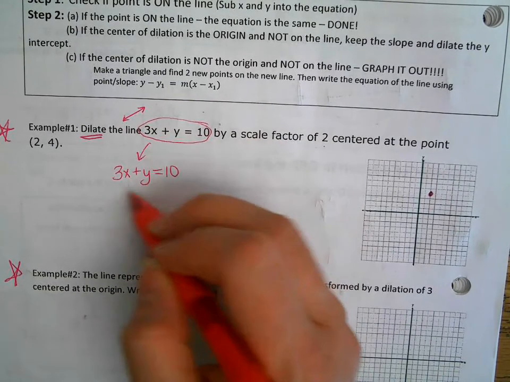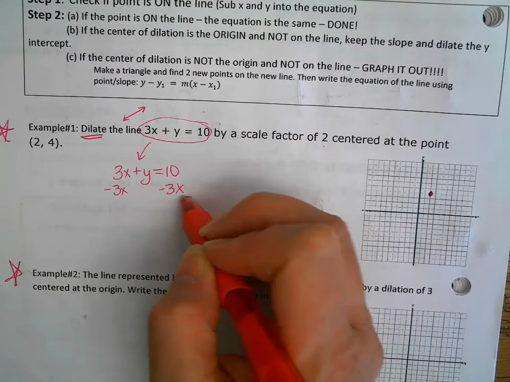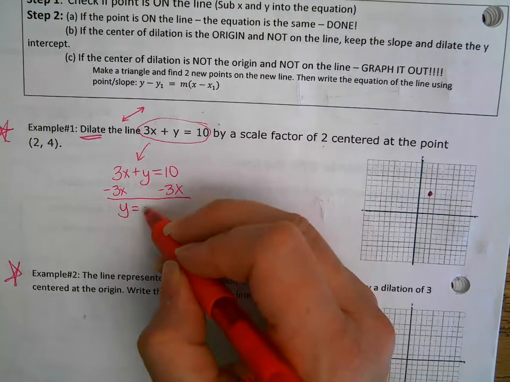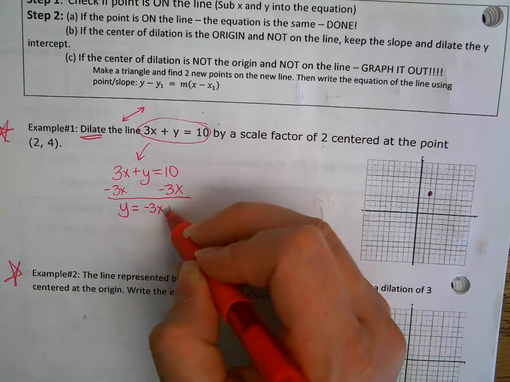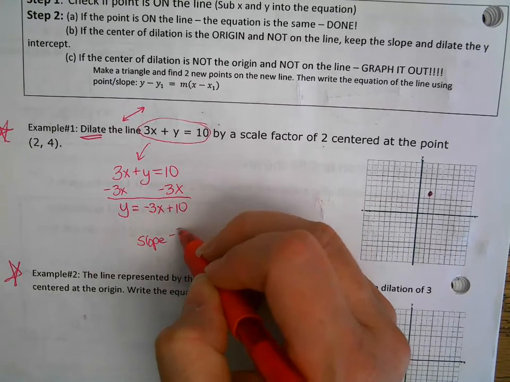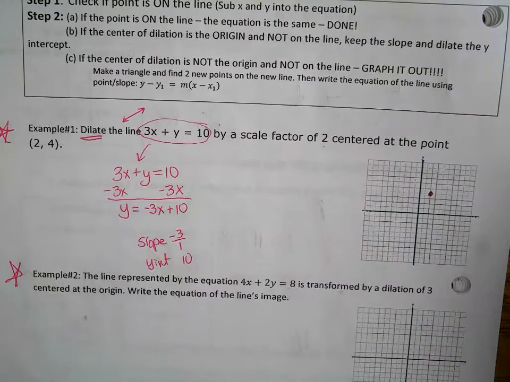I can't graph that until I get the y standing alone. So remember, we need to move our x value over. It reads y equals negative 3x plus 10. So our slope is negative 3 over 1, and our y-intercept is 10.